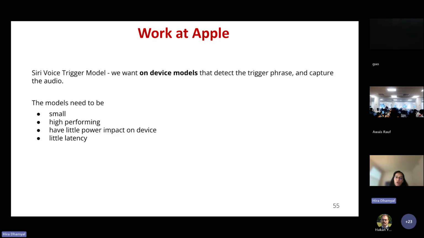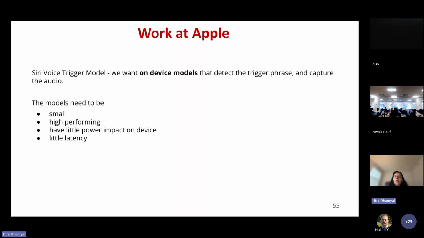The most important thing is that these models need to be small, high performing, and have very little impact on power and very little latency. So you can imagine that having a large language model on device with these properties is going to be really difficult. So we work with small models that are highly optimized for on-device behavior, but also high performing.